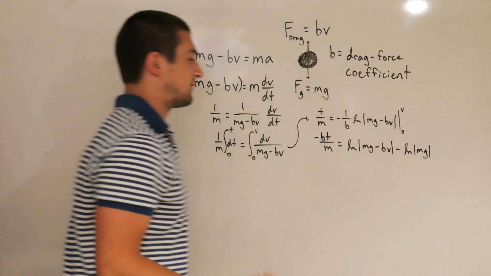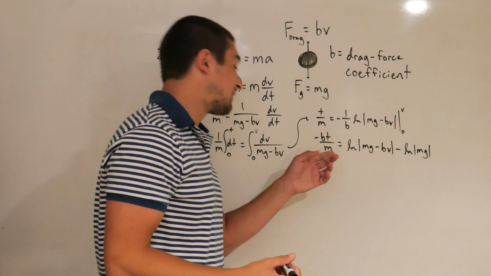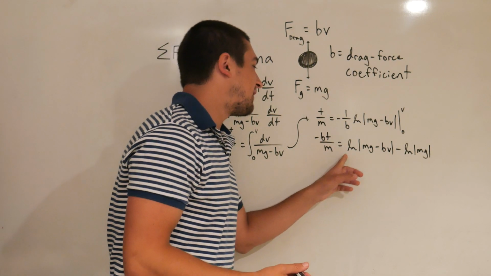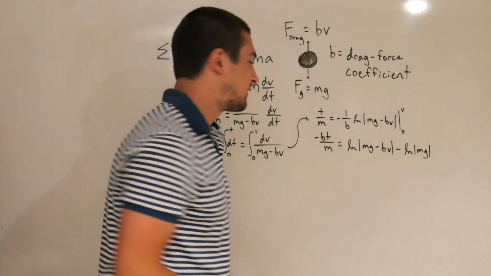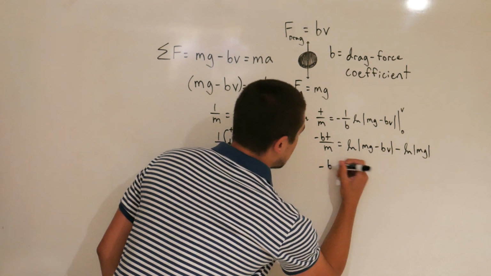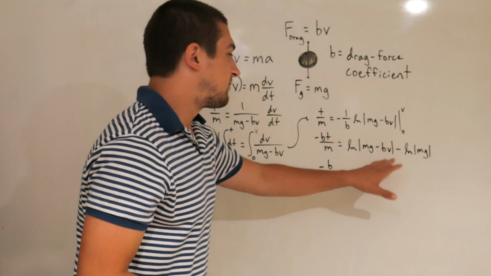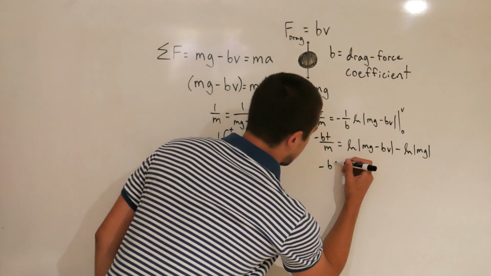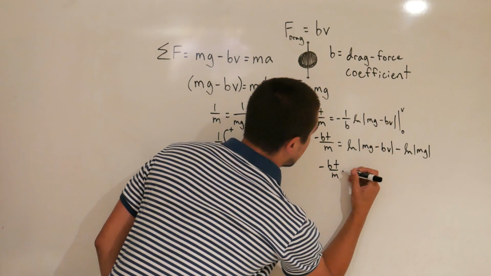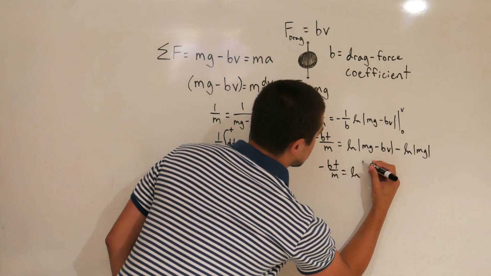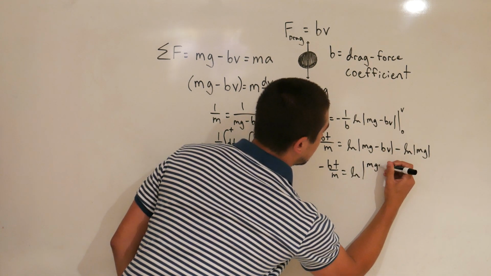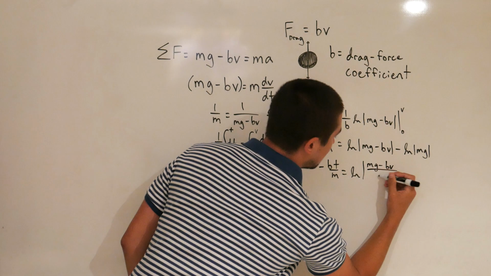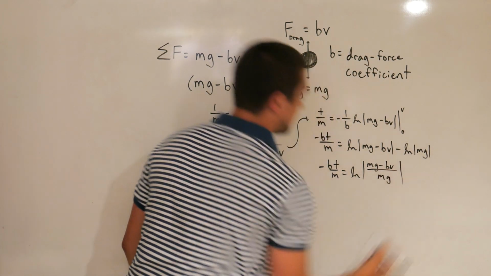And one of the laws of logarithms states that if you have a log minus another log, that is equal to the log of the first thing inside divided by the second thing that's inside. So minus bt over m on this side, and that will all be equal to the natural log of (mg minus bv) over mg.